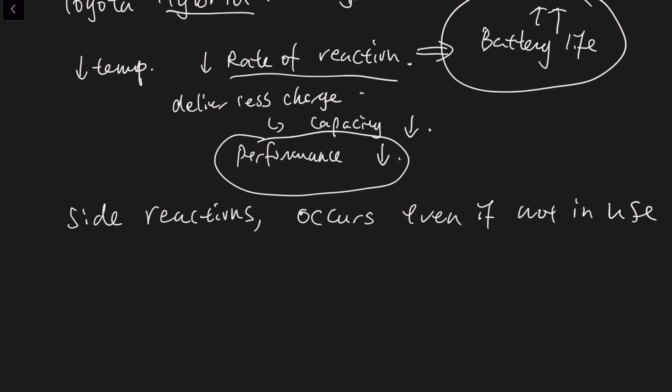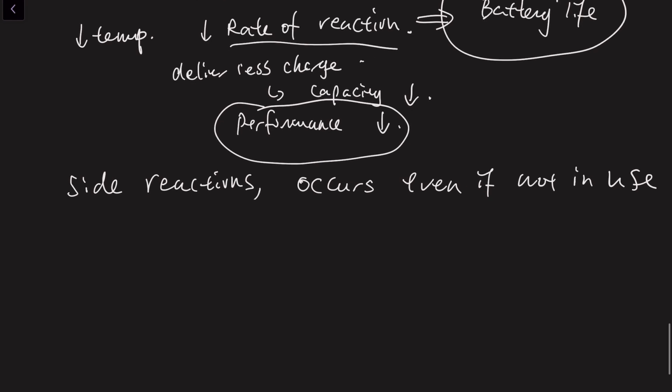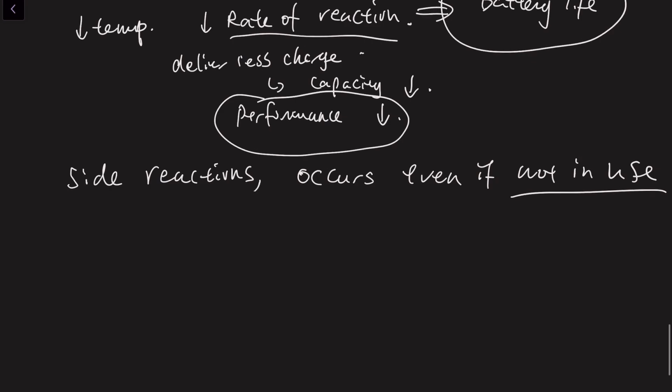If you want to extend the life of batteries that are not in use, you should store them in cold climates, such as in a fridge, because it slows down the side reactions. And you don't really care about the performance of the battery since you are not using it. So this is a brief introduction about batteries.